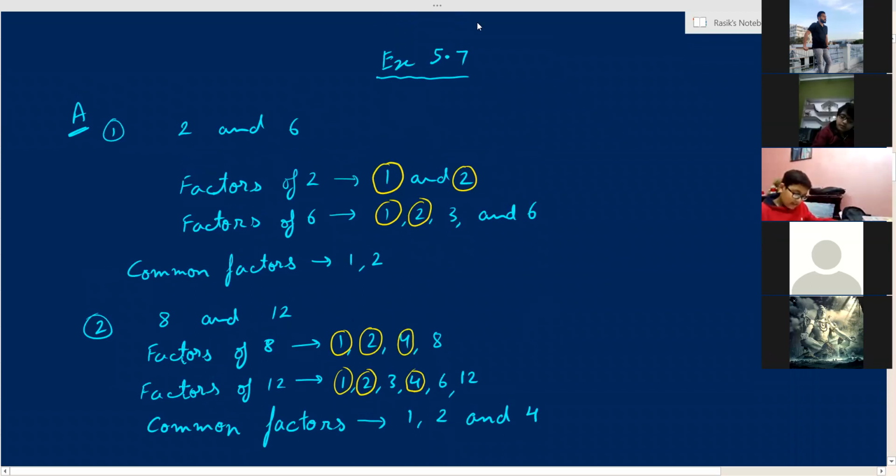Do both the parts in the notebook. Do these questions in the notebook.